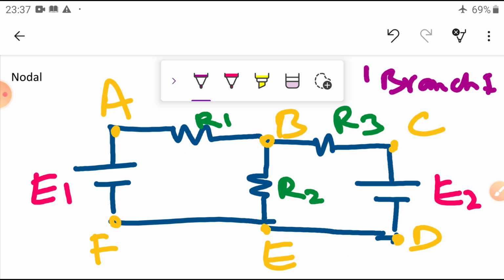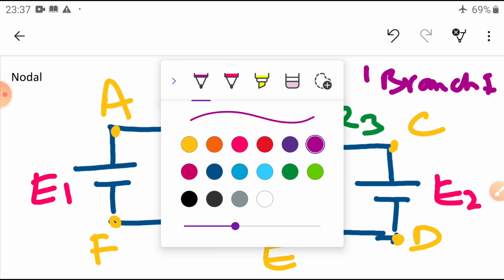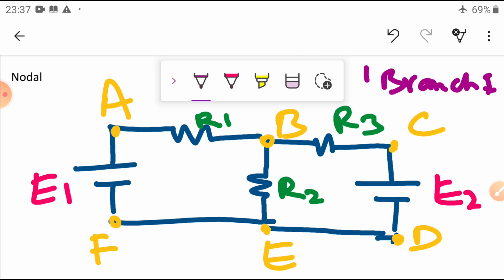In this case we assume the current flowing is I1, entering here. From here we assume I2 current is coming and flowing here.